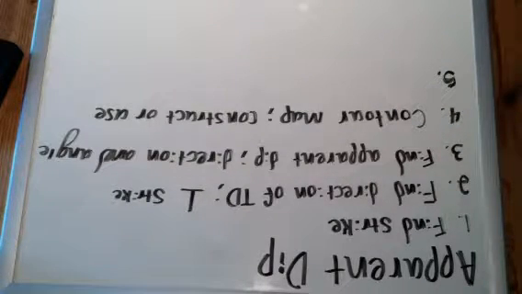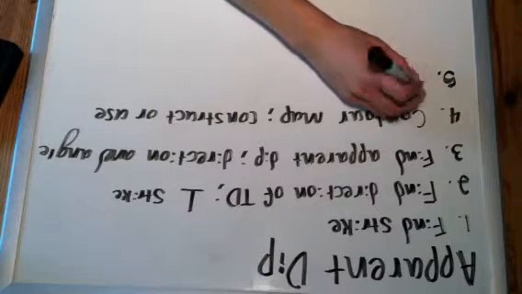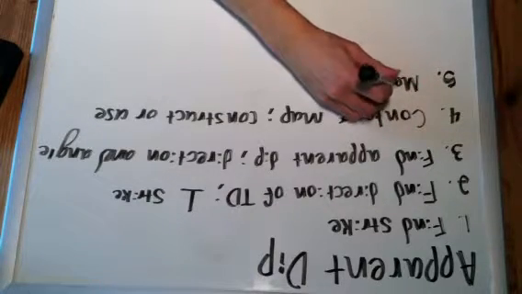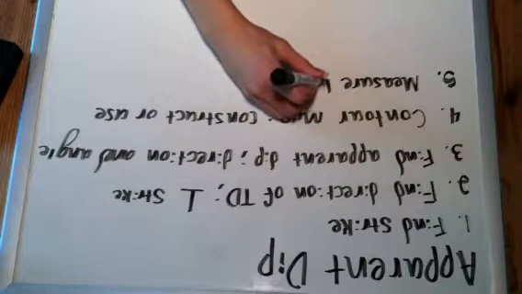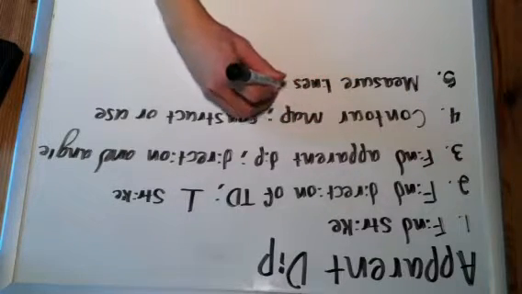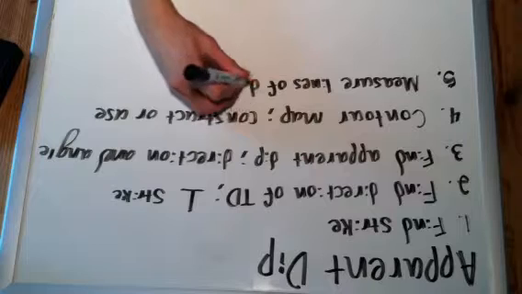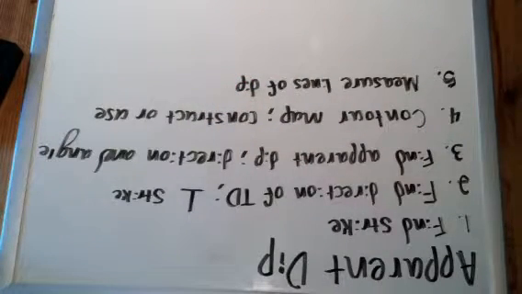So after you've constructed your contour map, measure your lines. And these lines are just following the dip direction across the map until you reach the end of that strata of interest.